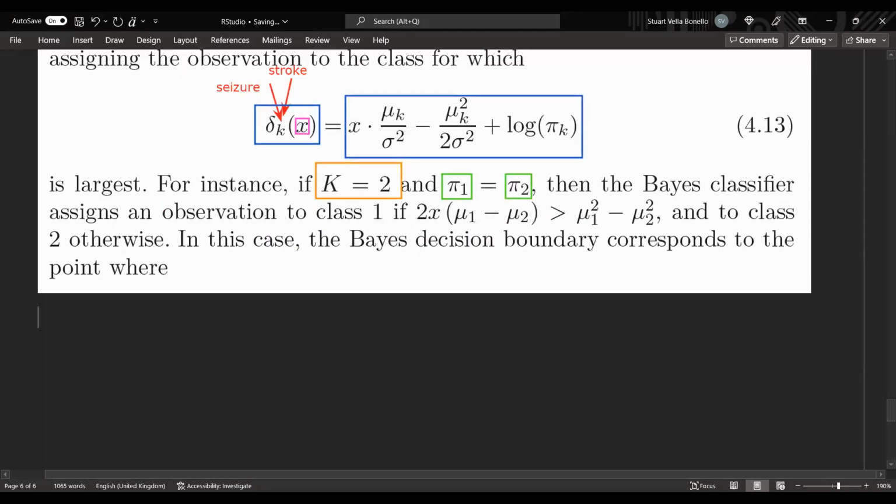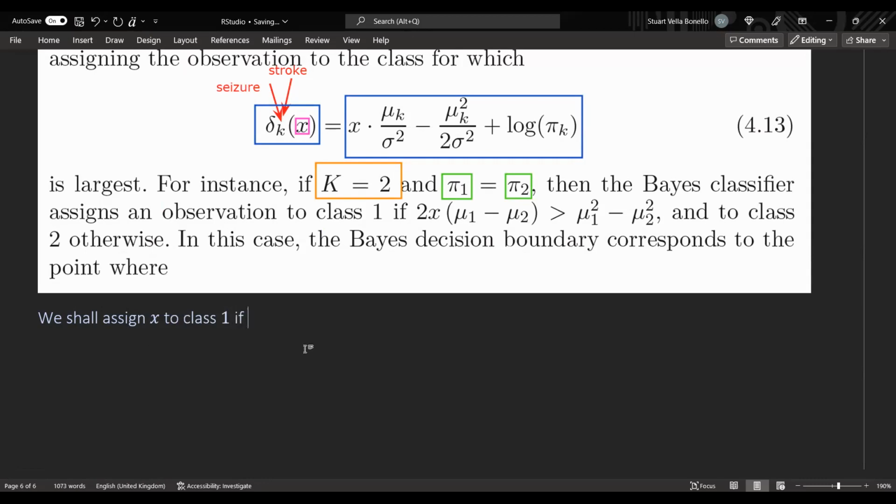So you will assign the observation, think of it as observation X. We shall assign x to class 1 if delta 1 of x is greater than delta 2 of x.